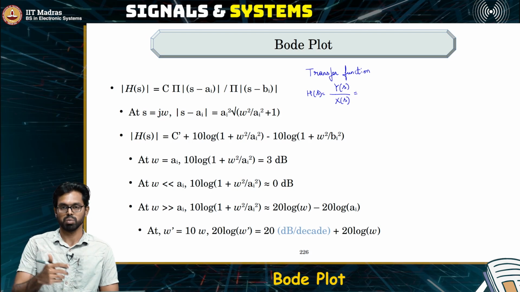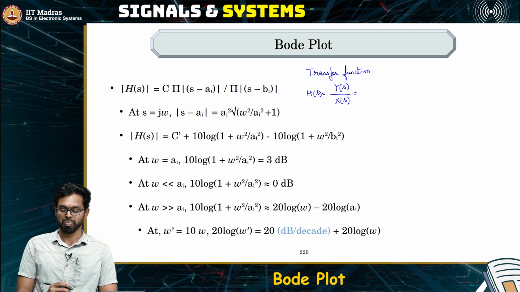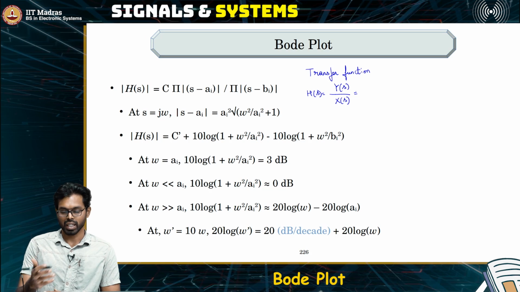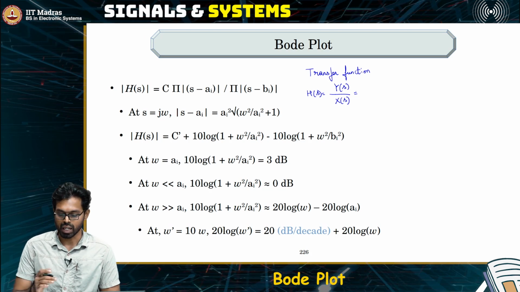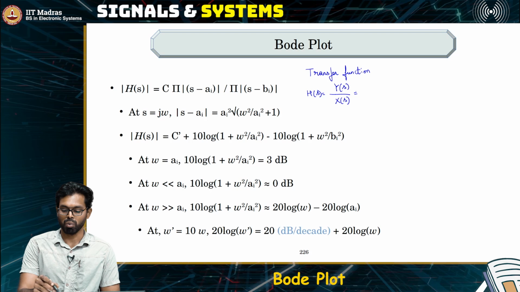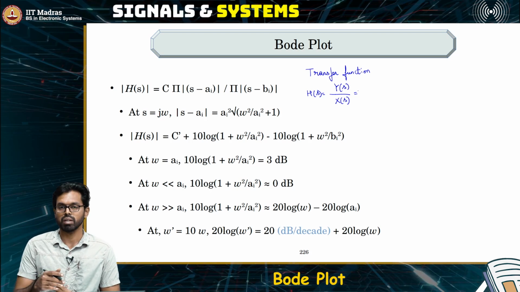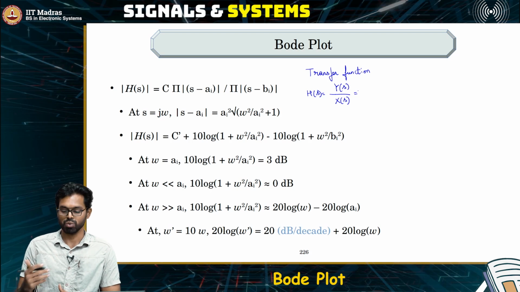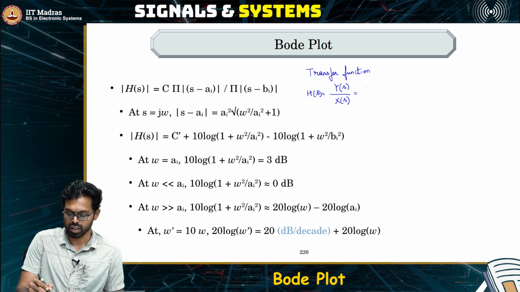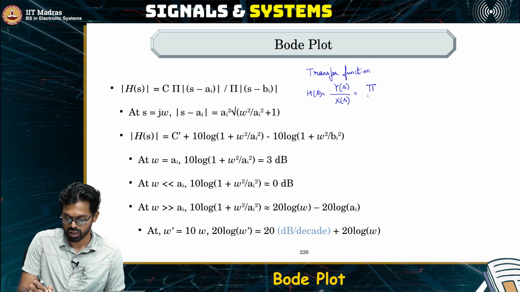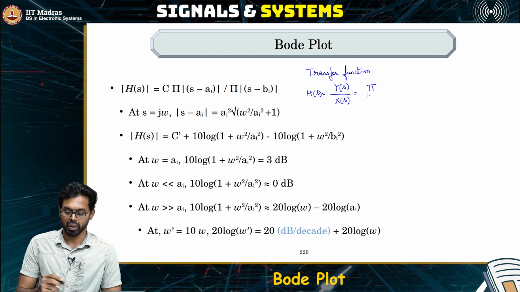transfer function. This is mostly in the form of a rational system. So we will take an example where this transfer function is a rational quantity, meaning there is a polynomial in the numerator and a polynomial in the denominator. We said that we can factorize this polynomial, which means you find the roots, and let us say that ai are the roots of the numerator polynomial.